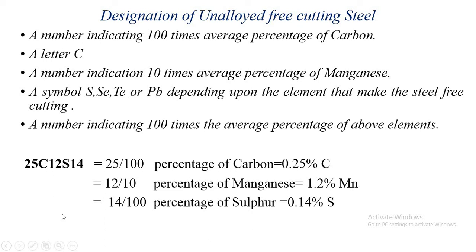So let us understand the designation of unalloyed free cutting steel. 25C12S14. So 25 divided by 100, as per the first statement, gives you the percentage of carbon. 12 divided by 10, that is the percentage of manganese, and 14 divided by 100 will give you the percentage of sulfur, which makes the steel free cutting.